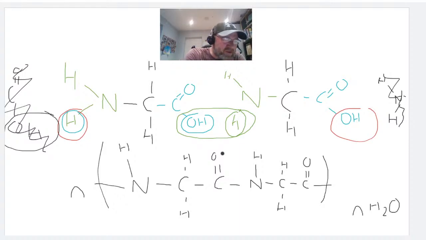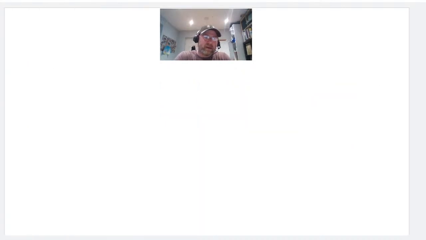Oh yeah, we did fractional distillation. 2H2O. Not necessarily. In polymerization, it's always going to be 2, but you can just leave it as N unless they say how many water molecules come off. You can just leave it as N sometimes rather than writing 2H2O.